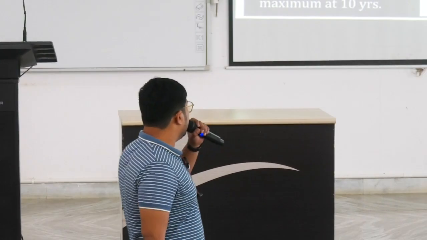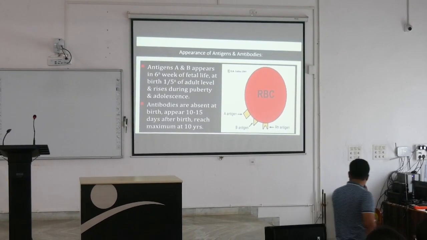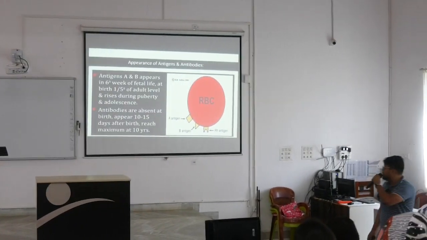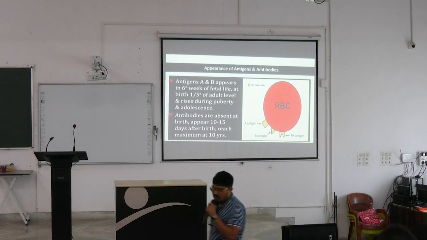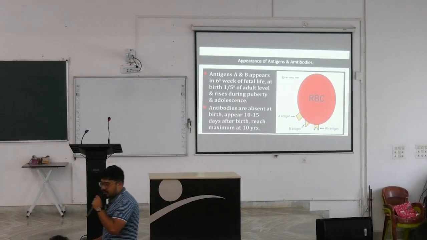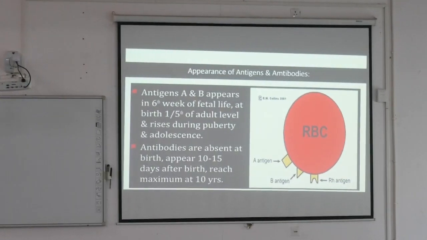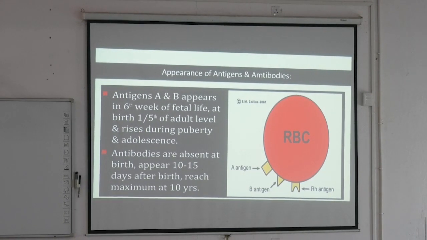So, appearance of antigens and antibodies. Antigens A and B appear in the 6th week of fetal life. At birth, they are 1/5 of the adult level and rise during puberty and adolescence. So the normal amount of A and B antigen that we possess now is not the same as in our neonatal phase.